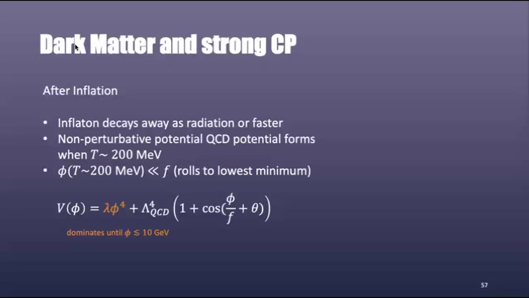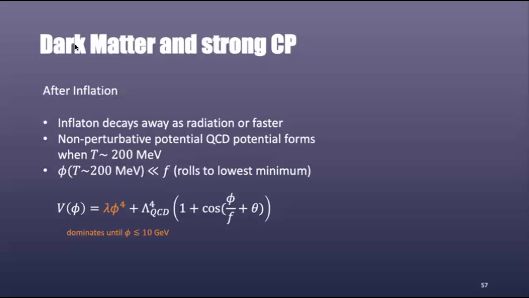Okay, I'm almost out of time, so I'm going to go through this quickly. Now you may ask about dark matter and strong CP. I mentioned that we're accessible to axion probes, but of course a lot of axion probes, the haloscope experiments, assume that the axion is all of dark matter. So what happens after inflation? In this specific potential, the phi to the fourth, the inflaton redshifts away very quickly, either as radiation or even faster.